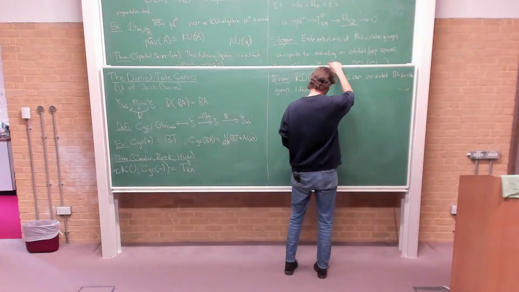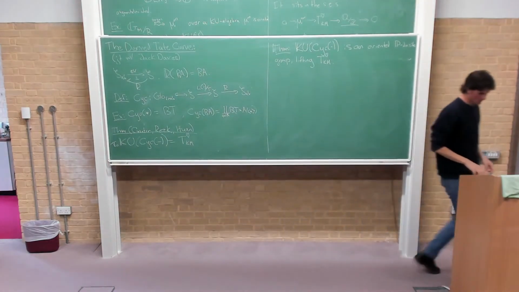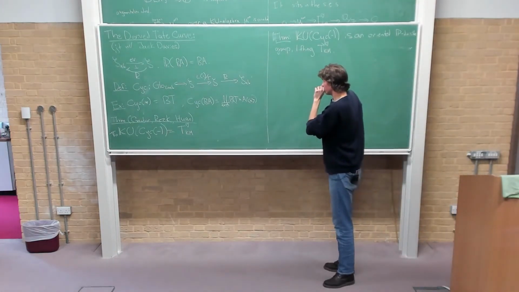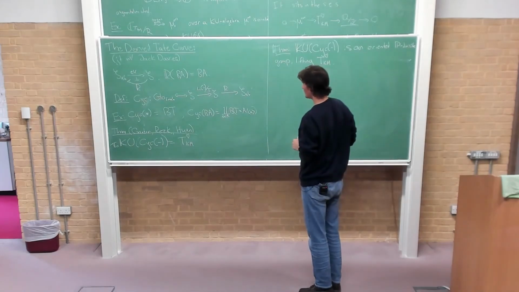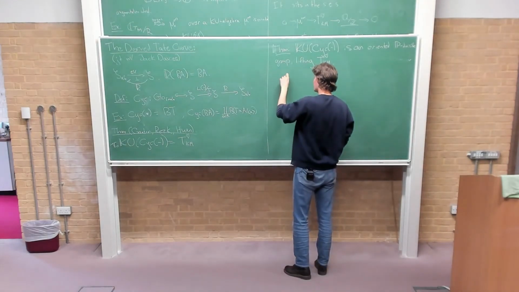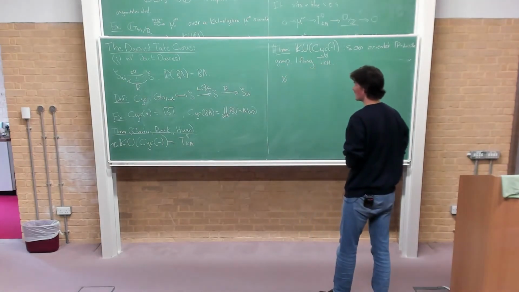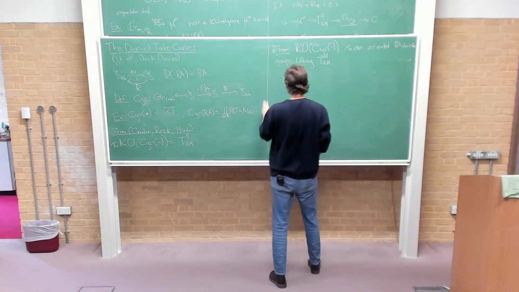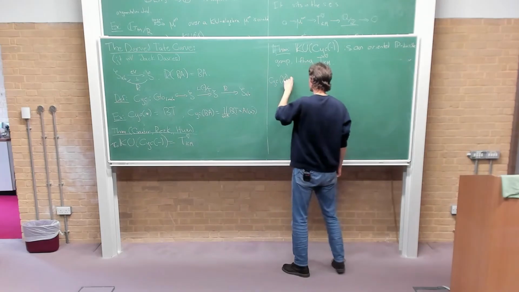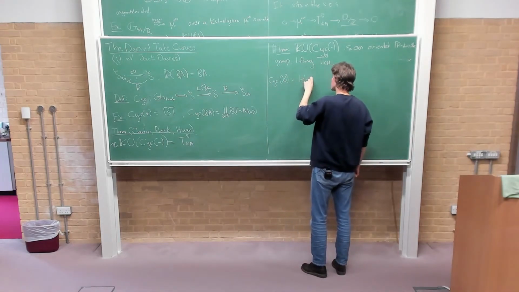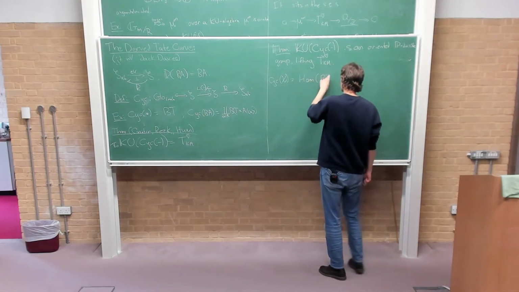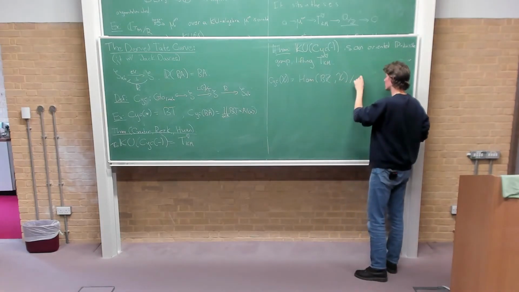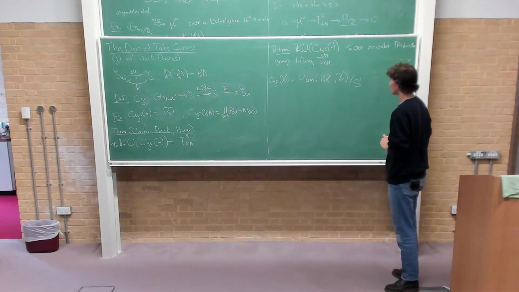I guess I call it this also because, from a stacky perspective, if I have some stack, which you might think of as representing some global space or having some underlying global space, then its simplification should be you take the stack of maps from BZ to X, and then you mod out by this circle.